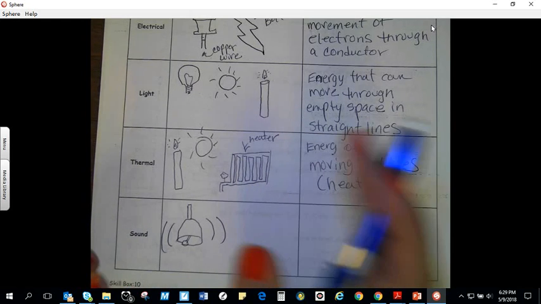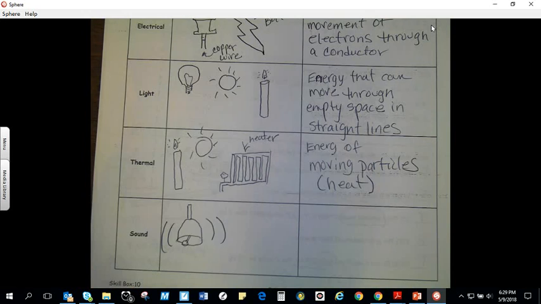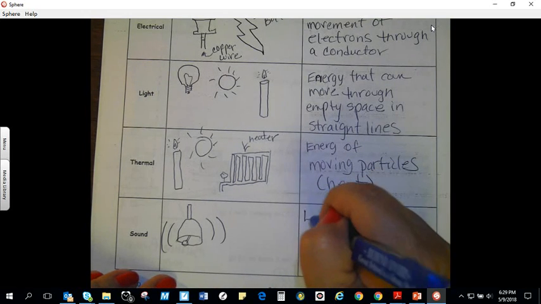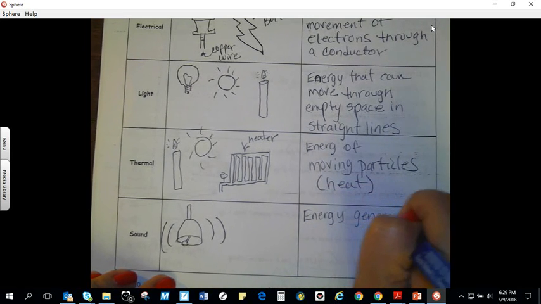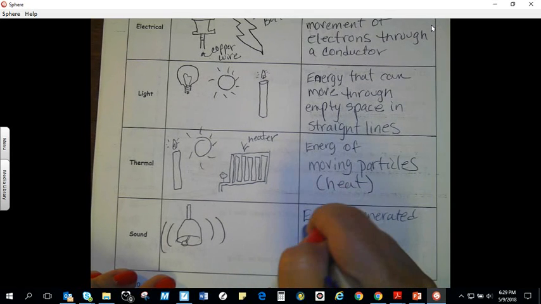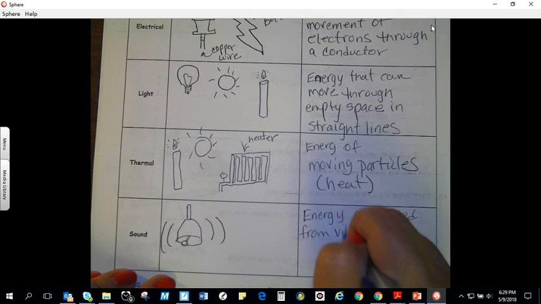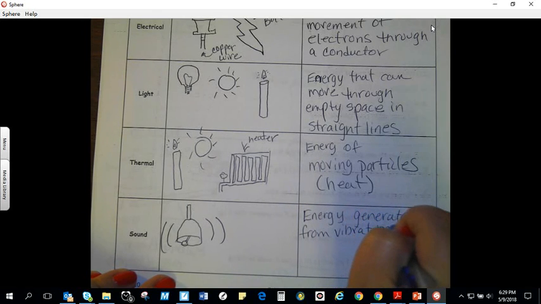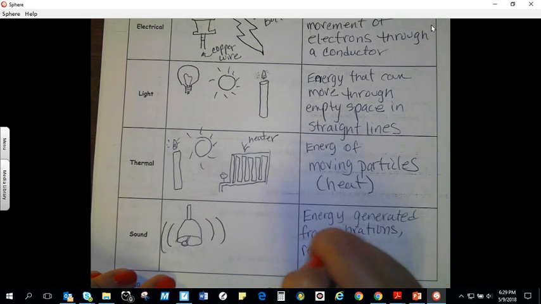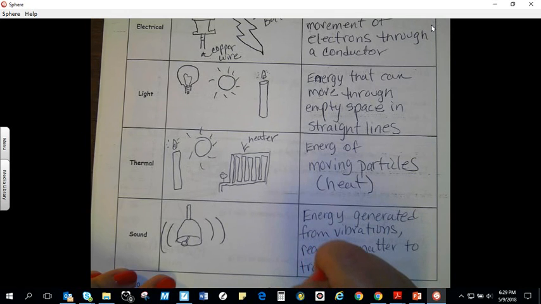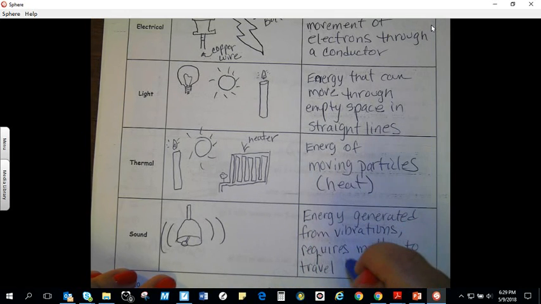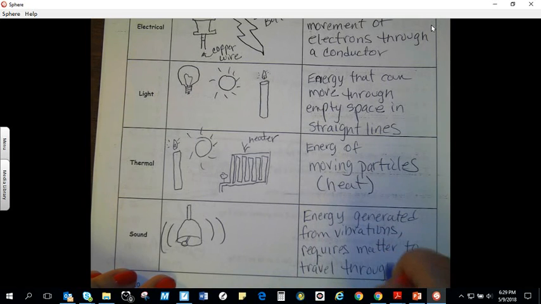So if you get stuck on sound energy, as some of you like to hit that gong, you know, it's vibration. So the sound energy is energy generated from vibrations and requires matter to travel through. Okay? All right, there you go.